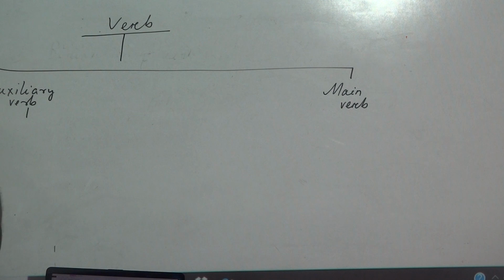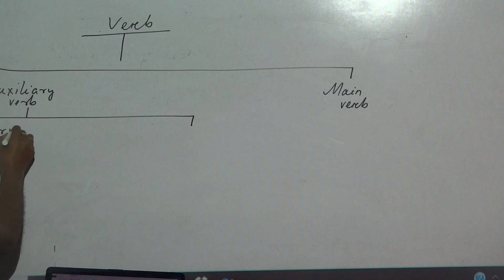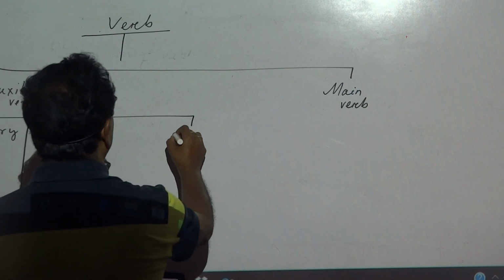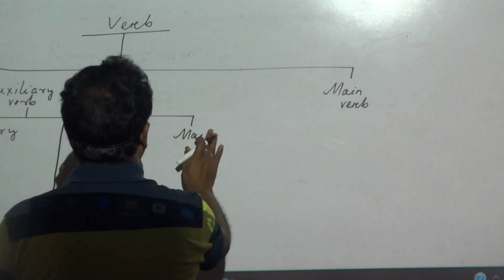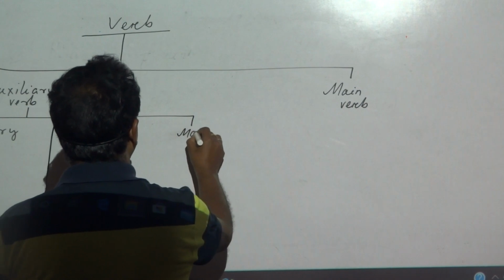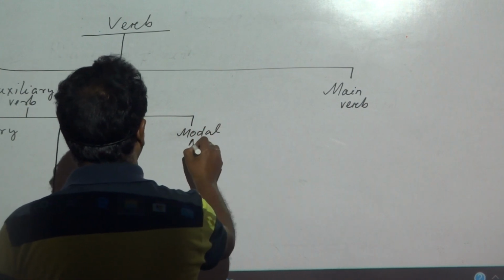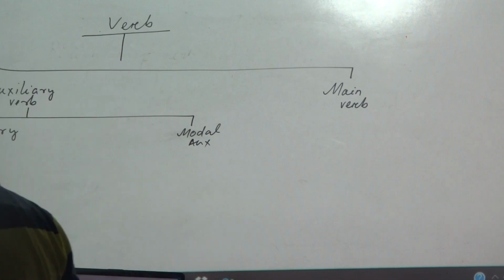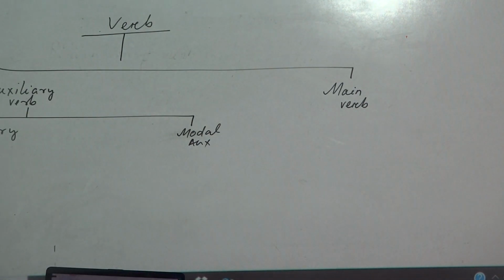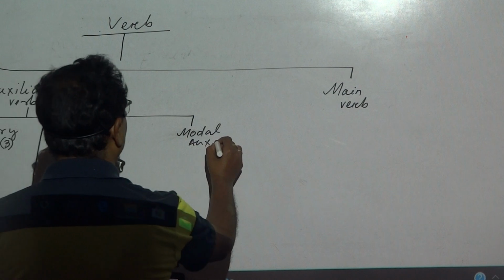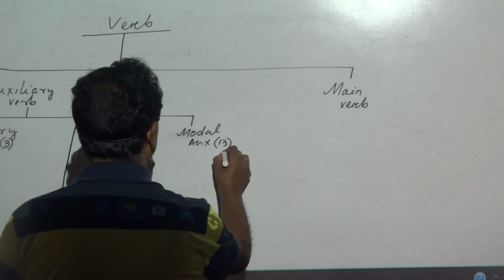Auxiliary verb is again divided in two parts. One is primary auxiliary and another one is modal auxiliary. Under primary auxiliary come three verbs, whereas under modal auxiliary come 13 verbs.